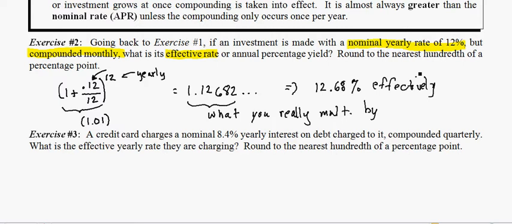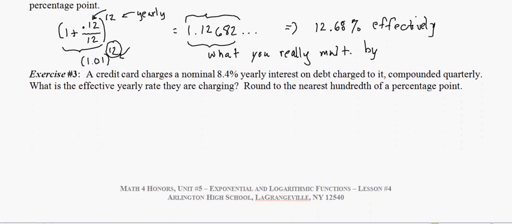You're multiplying by 1.01 12 times, that's exactly what this is. But you could achieve exactly the same effect as multiplying by 1.1268 once. Effective versus nominal.